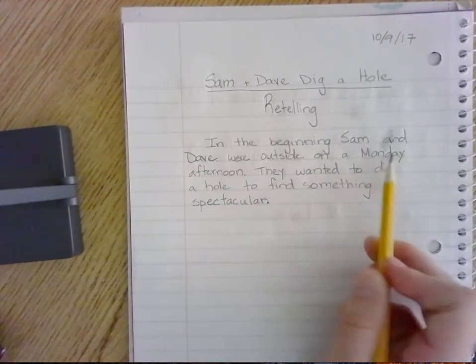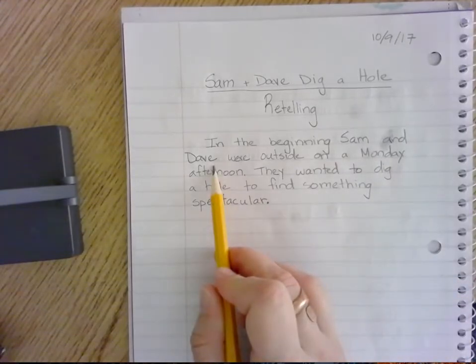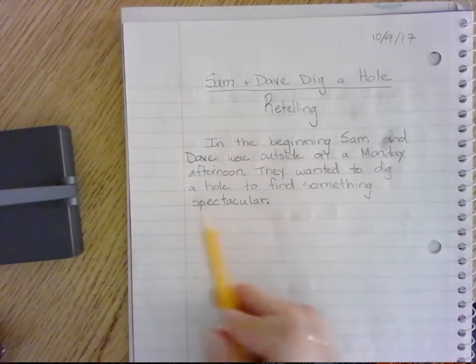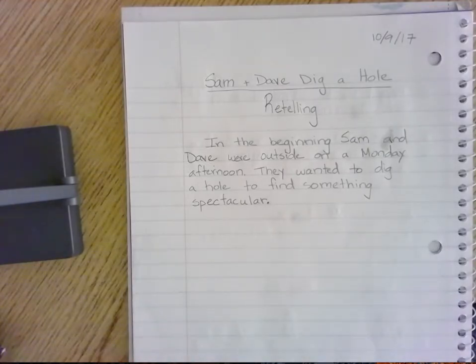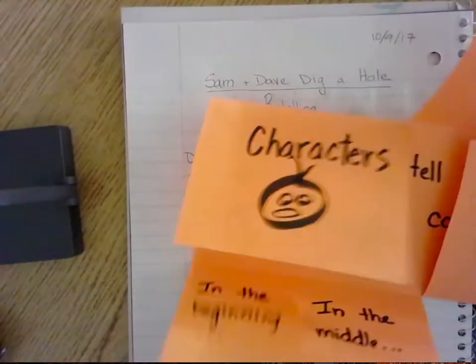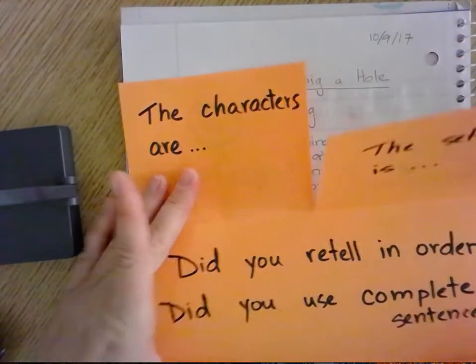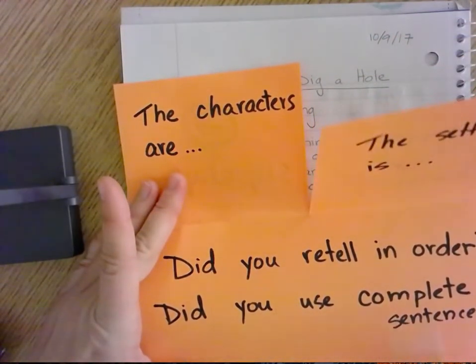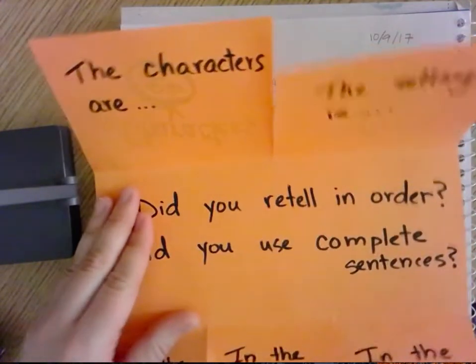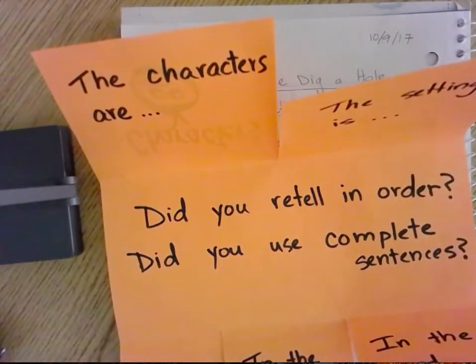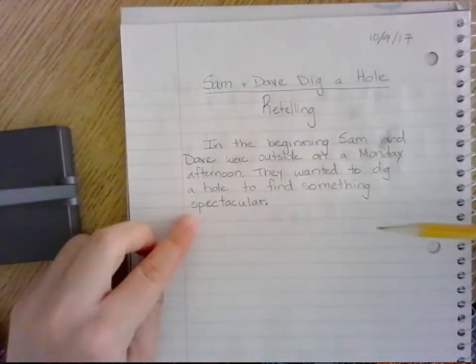So I have characters, setting. Sam and Dave are my characters. Monday afternoon is my setting. And I don't want to include much more than that first event. Okay, and I'm checking my foldable to make sure I didn't forget anything in the beginning. Okay.